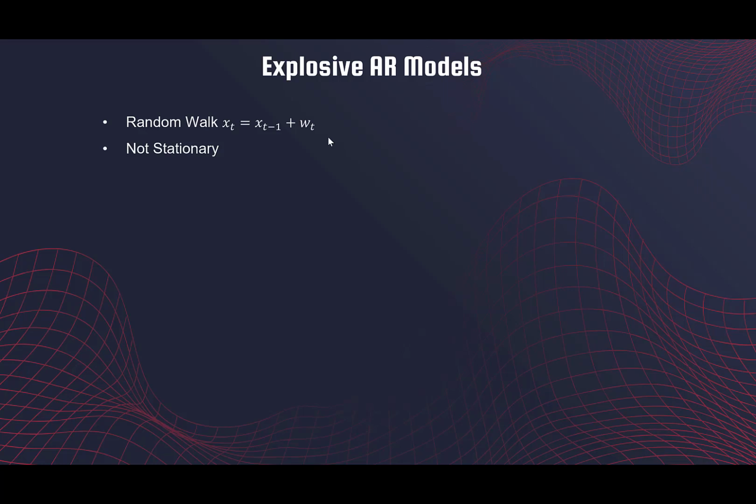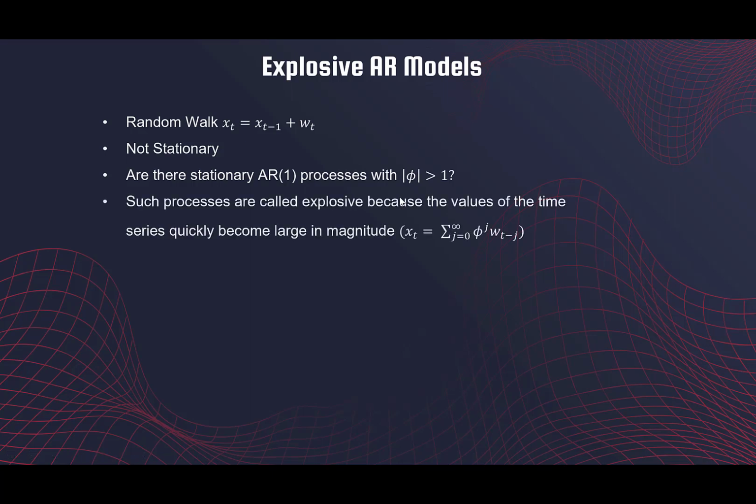But this makes us think: is it possible to have a stationary autoregressive, say, AR(1) process which has phi greater than 1, or absolute value of phi greater than 1? Does such a thing exist? If you remember from the previous video, we can rewrite this AR(1) process in this way.